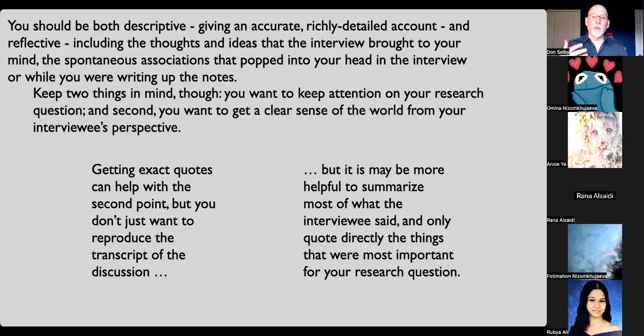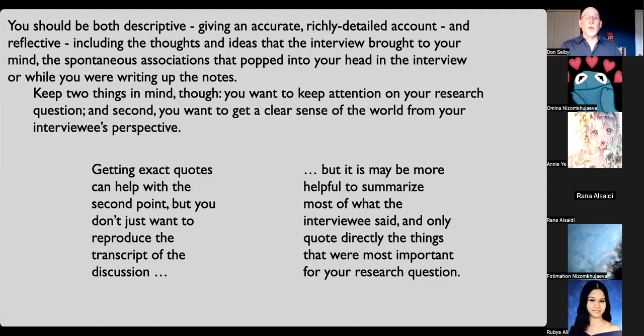And the reason then that you don't want to just reproduce a transcript, but rather select the things that you put in direct quotes and leave to summarization the things that you don't want to quote directly, is that it allows the things that really struck you as important to stand out: something that your interviewee said that was maybe unexpected, that really caught your attention, or that seemed really important to your interviewee, and so you wanted to get exactly the way that your interviewee put it. You want those things to stand out from the rest of the interview, and so that's why you directly quote them.